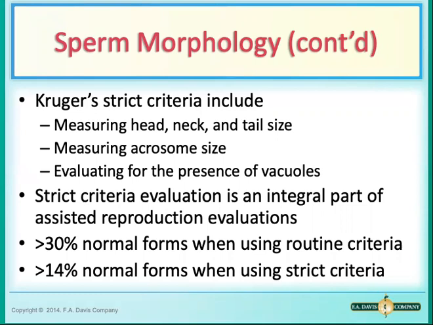It is used as part of integral evaluations in specialized laboratories. So normal values for sperm morphology will depend on the evaluation method that is used, but it can vary from greater than 30% normal forms when using routine criteria, or greater than 14% normal forms when using the strict criteria.